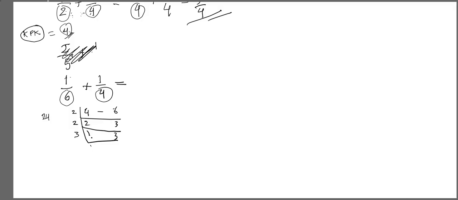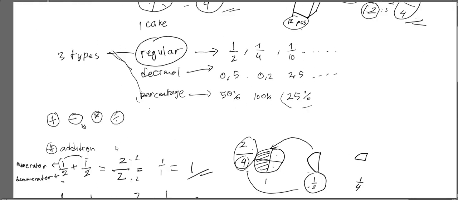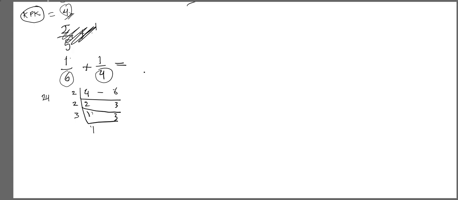So it becomes 1, because our goal is to make those become 1. Oh, sorry, it's not 24. It is 12. 2 times 2 times 3 equals 12.